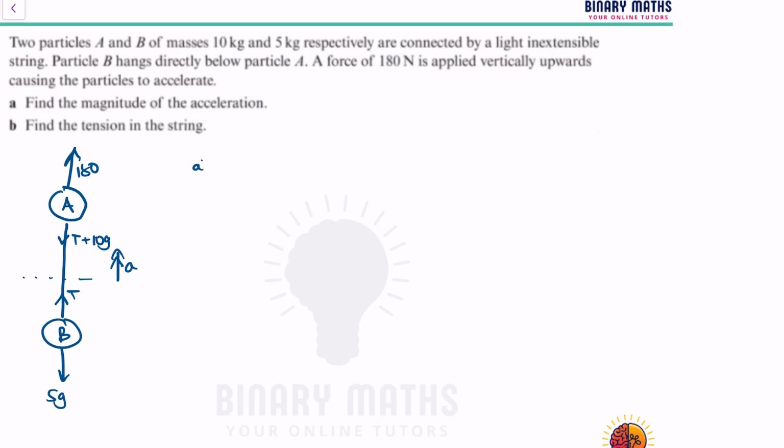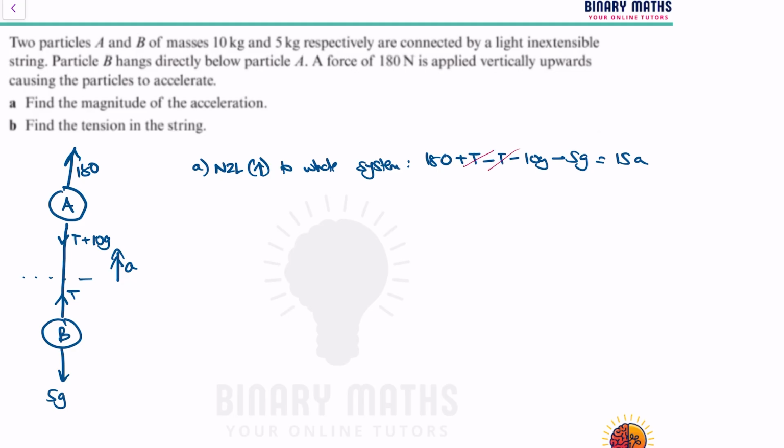Part A, find the magnitude of the acceleration. So Newton's second law applied vertically to the whole system. Forces acting up, 180 plus T, minus forces acting down, which is T plus 10g plus 5g, must be equal to mass, which is 15, times the acceleration.